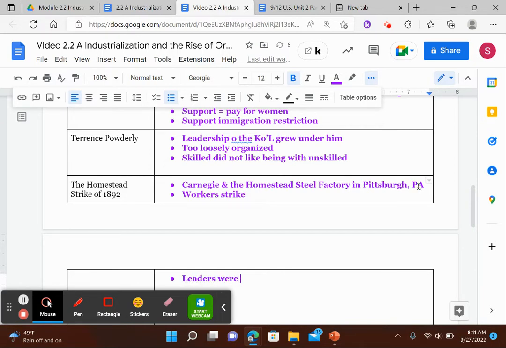Leaders were blacklisted, which means they couldn't be hired anywhere else. Wealthy corporations and the federal government stopped strikes.